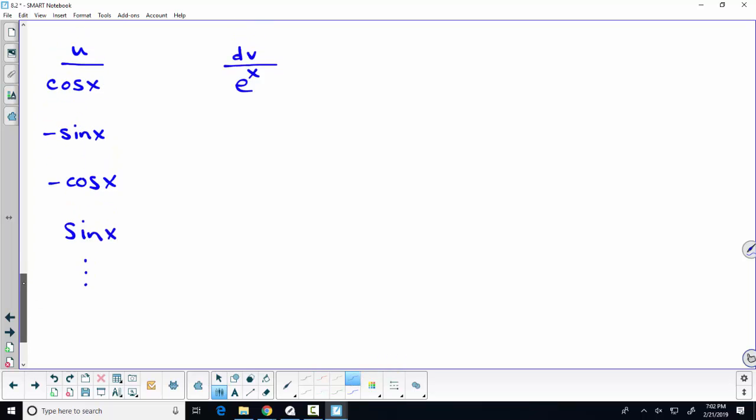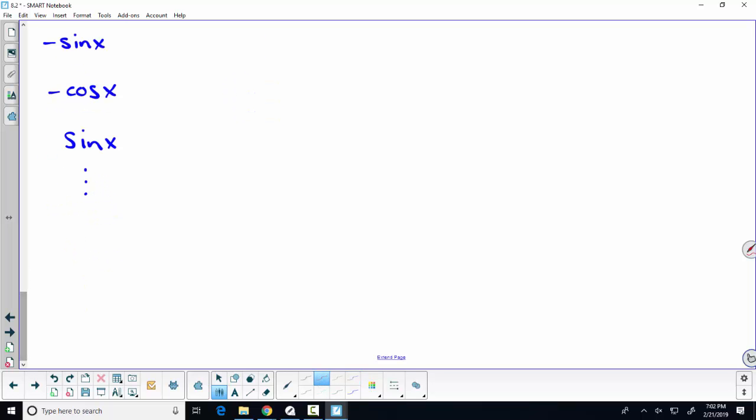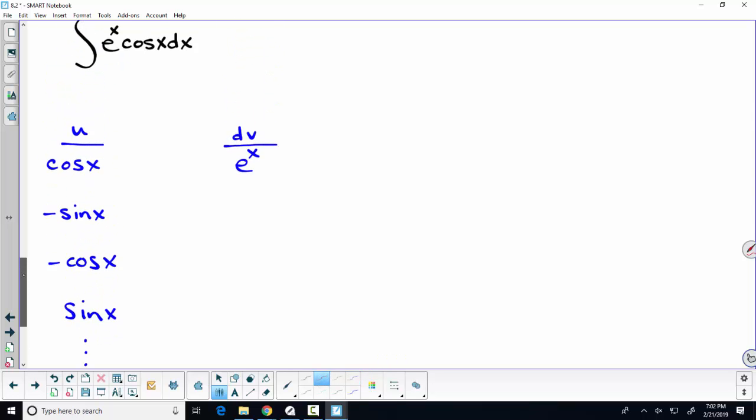Also, don't forget to alternate signs if you're doing this. So this one's positive. We have to make this one negative. Positive. We have to make this one negative. And then antiderivatives, e to the x. So you keep going there as well.